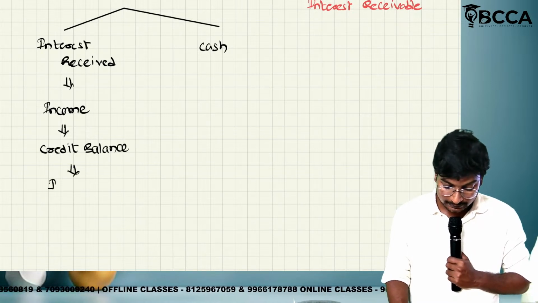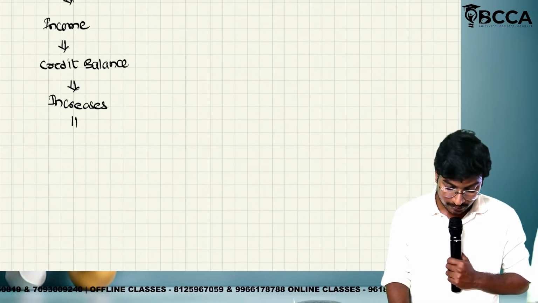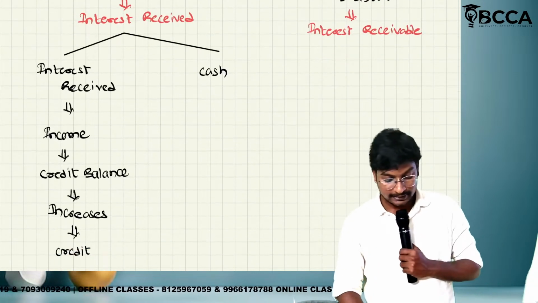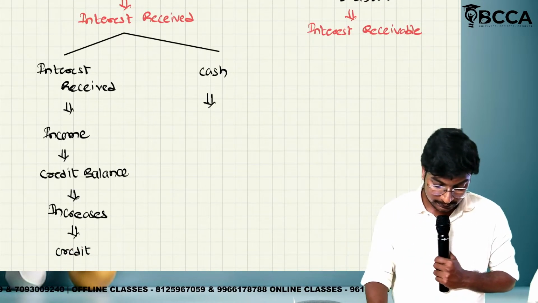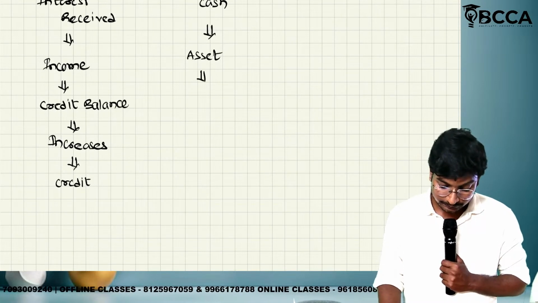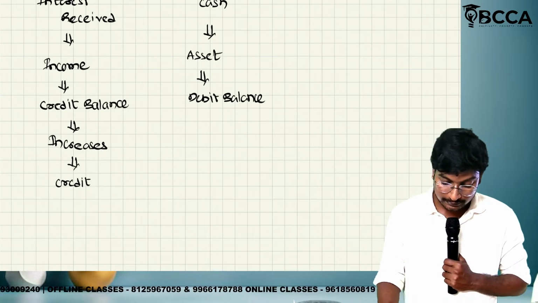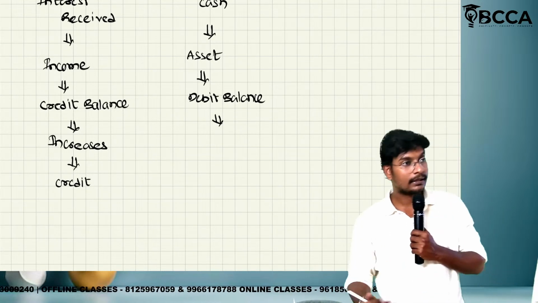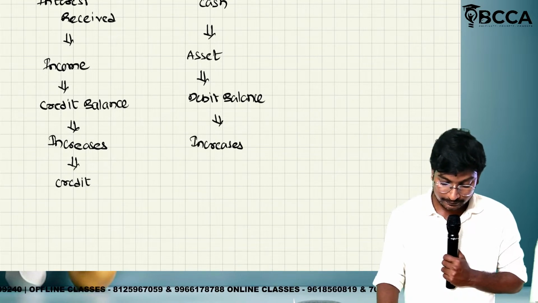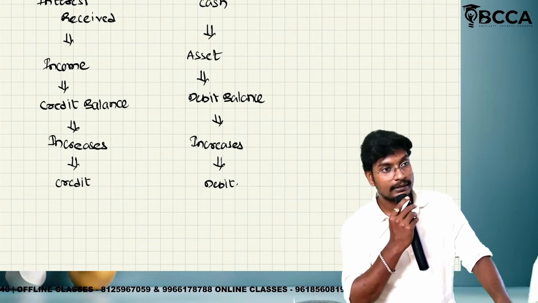Increases or decreases? Increases. What we need to do? Credit. Next, cash is an asset or liability? It is an asset. Which balance, ma? Debit balance. Does it come into the business or go out? Comes in. So that increases. So this concept is debited. Debit balance increases, debited.